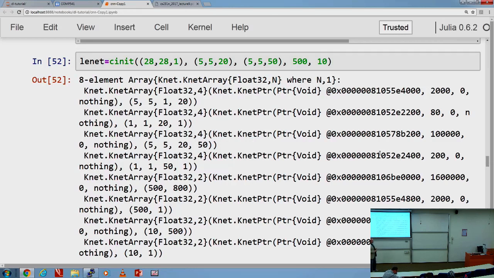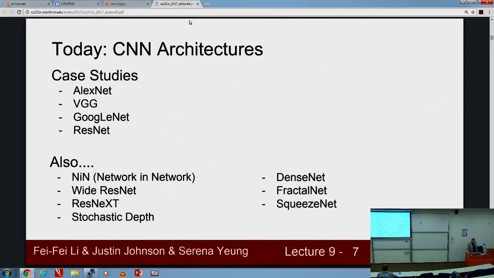Now, that is not the only way to design these things. First of all, we can obviously change the number of these layers. Instead of two convolutional layers, we can add more. And also, we can change what's done in each layer. So we'll see examples of both in today's lecture.